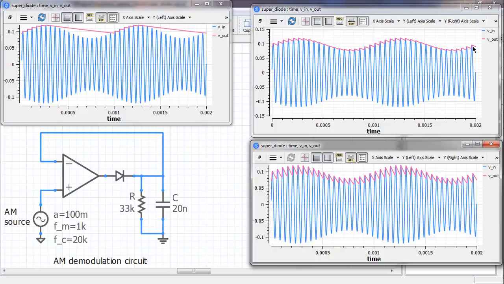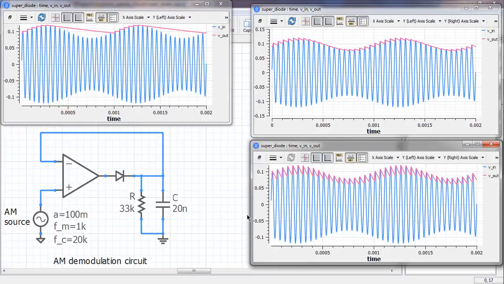Alright, now if we increase the capacitance from 20 nano to 100 nano, then this is what we get. And this definitely has a problem because we are missing out on some peaks here. And definitely this output voltage is not a faithful reproduction of the signal voltage. What if we make the capacitance too small?